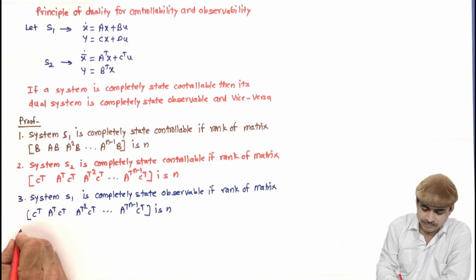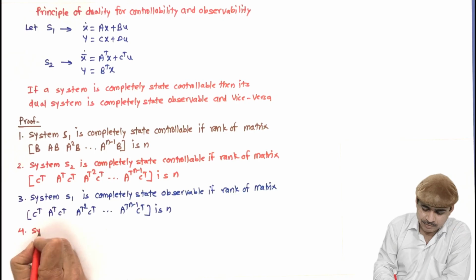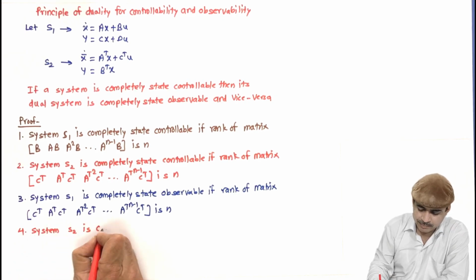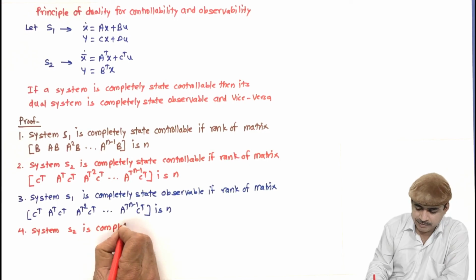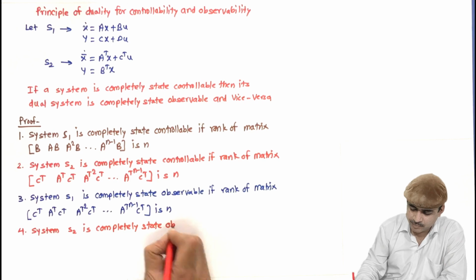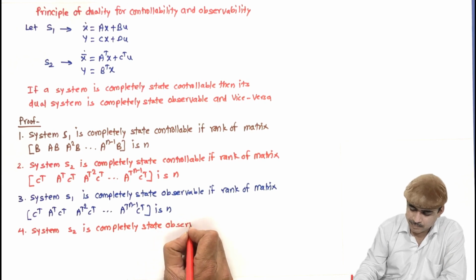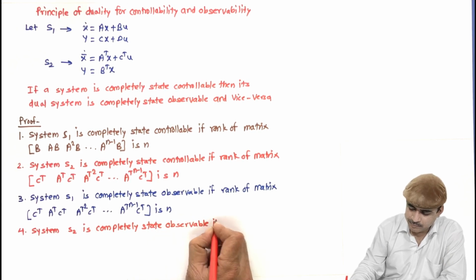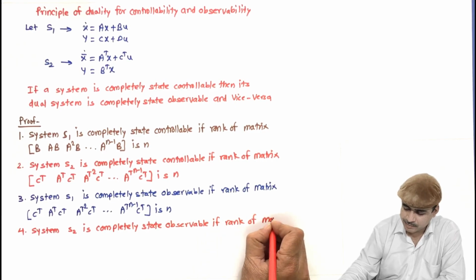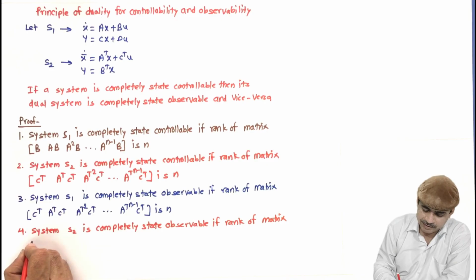And the last statement, system S2 is completely state observable if rank of matrix, which matrix?